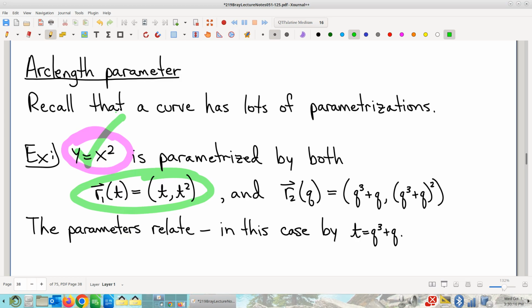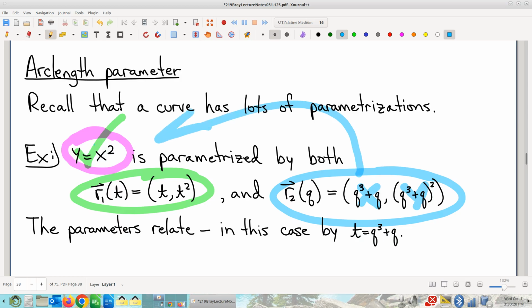That's a parameterization. That said, so is this. Take this X and this Y and plug into there, and that equation works again. So a different parameterization of the same curve. Parameterizations are not unique, and we've talked about that before.